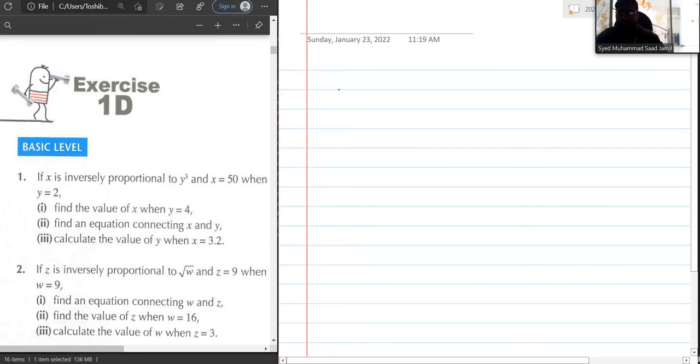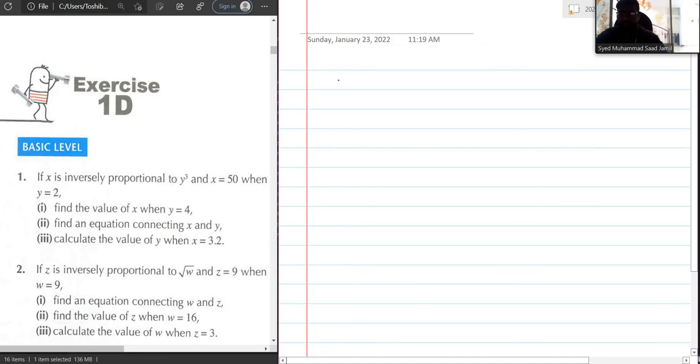So we'll simply write down the equation, which is x equals k upon y cube, because x is inversely proportional to y cube, not y. So let's find the equation. In this question it's part 2, but we'll find the equation first. So x is 50, so 50 equals k upon y cube, so y is 2 cubed. 50 equals k upon 8.